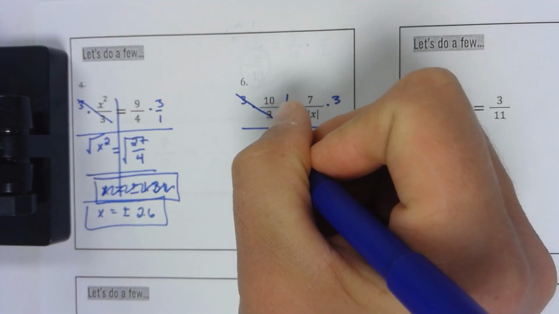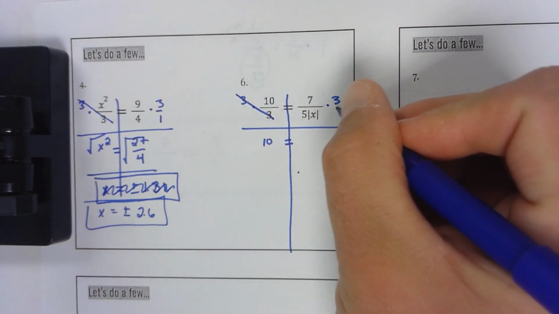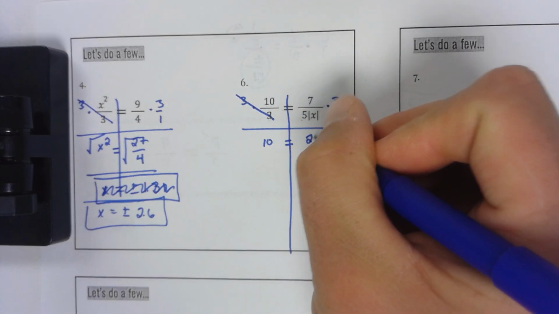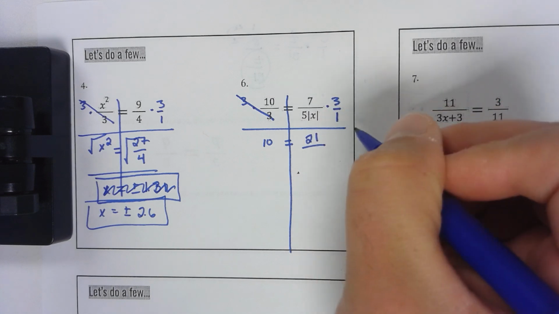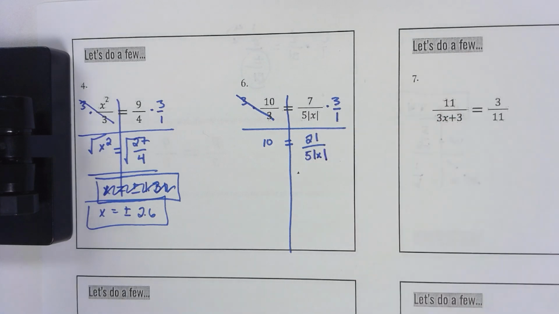Then I have 10, and it equals on the right side. Again, I'm going to multiply the fractions. 7 times 3 is 21. The denominator, 5 absolute value of x times 1, just stays the same. So that's 5 absolute value of x. All right, now here's the part that's a little bit different.